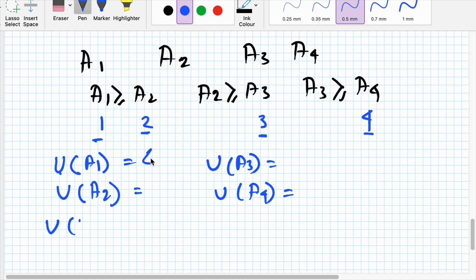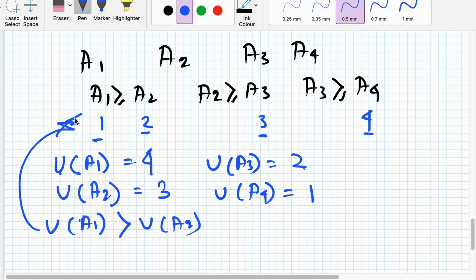So U1 is 4, U2 is 3, then 2, 1. Then you will see that the utility of A1 is higher than the utility of A2, which satisfies this relation.